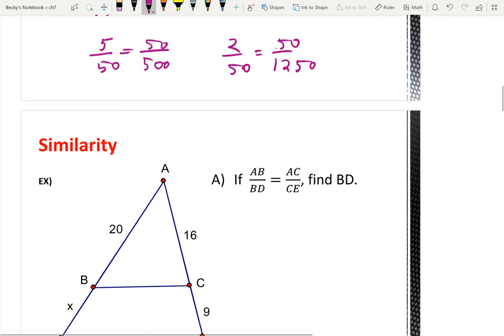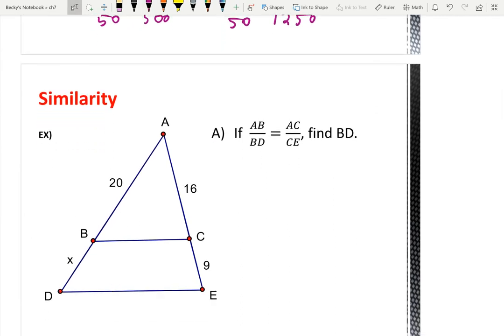Now, similarity. I don't think we've actually defined similarity. So let's do that. Similarity is two things. It's when your angles are equal in measure.